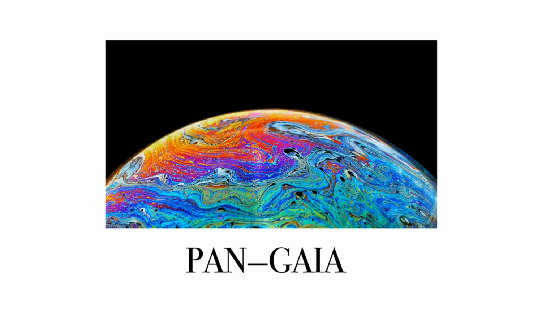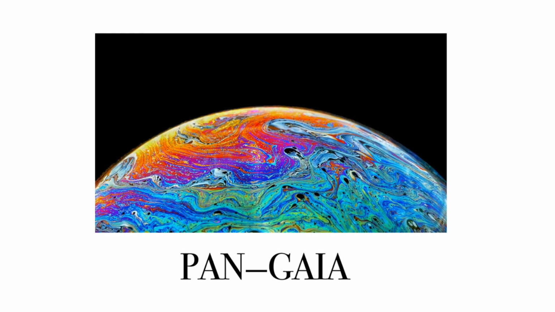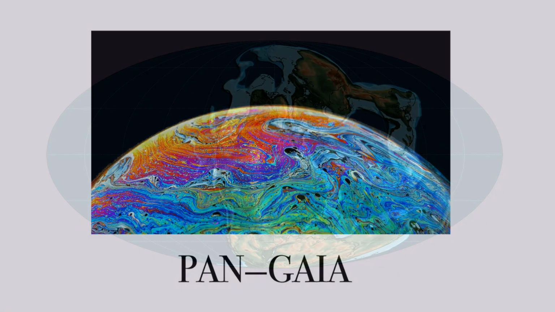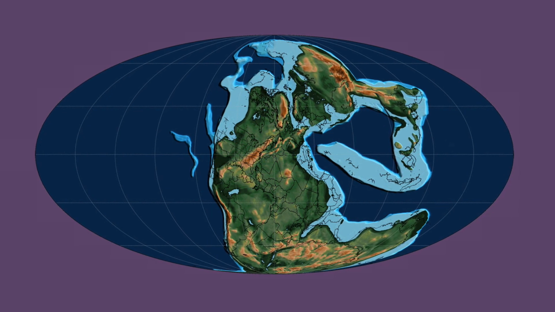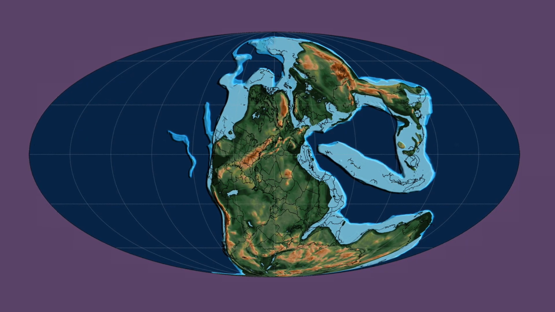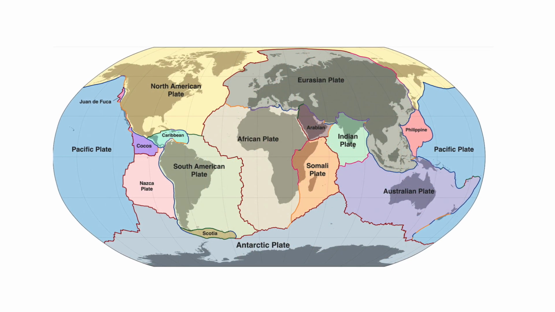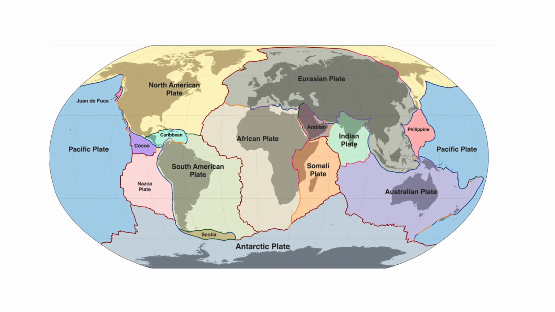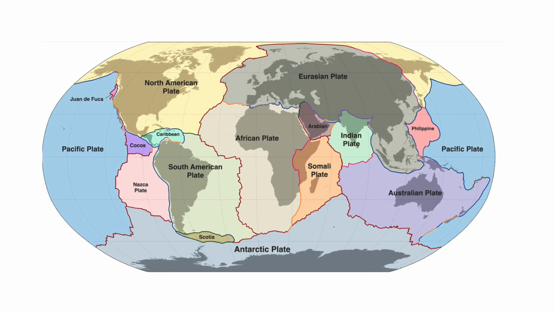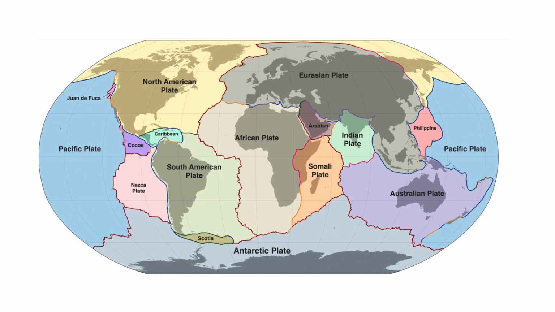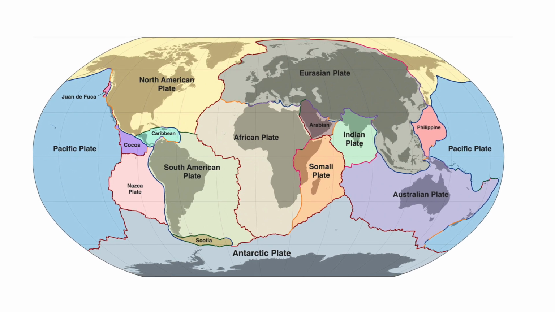The name originates from the ancient Greek words Pan, which means all, and Gaea, which means the earth, reflecting the idea that all land masses were once united into a single vast continent. The concept of Pangaea is central to the theory of plate tectonics and helps in explaining the geological, paleontological and climatological patterns observed across modern continents.